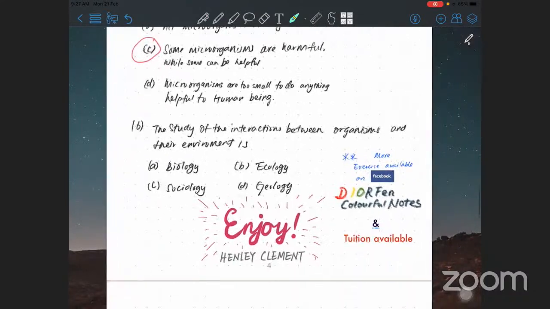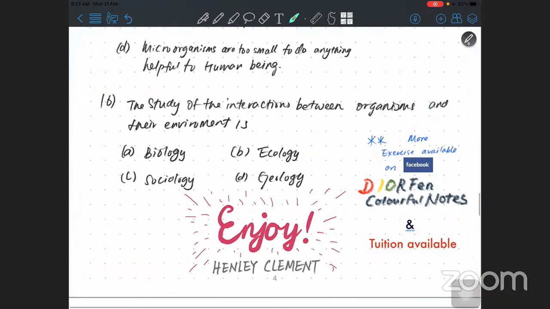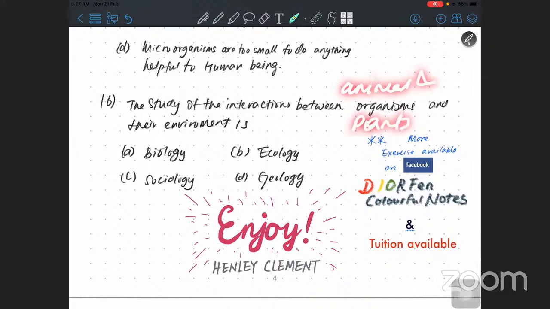The last one. Okay. The study of the interaction between the organisms, this is animals and plants, and their environment. This is environment. Environment.